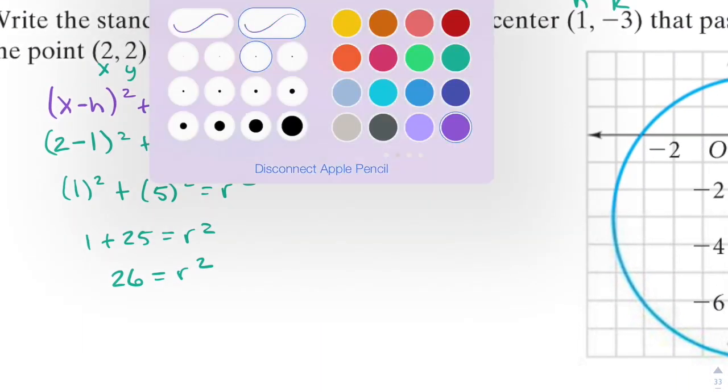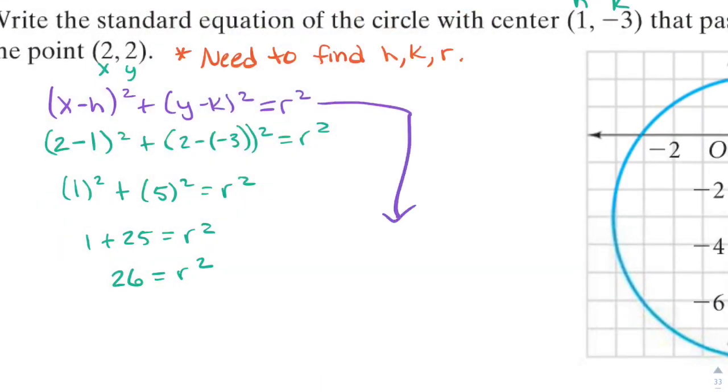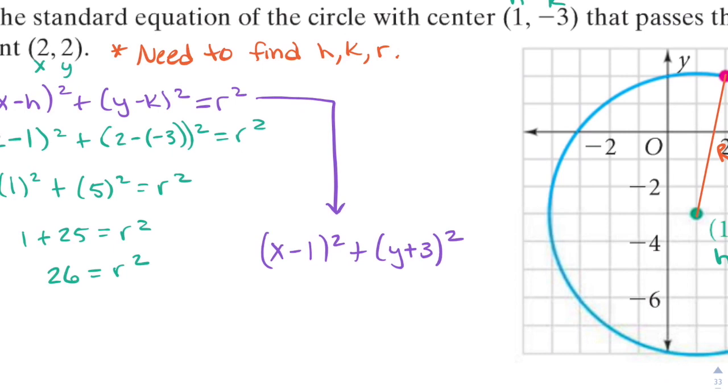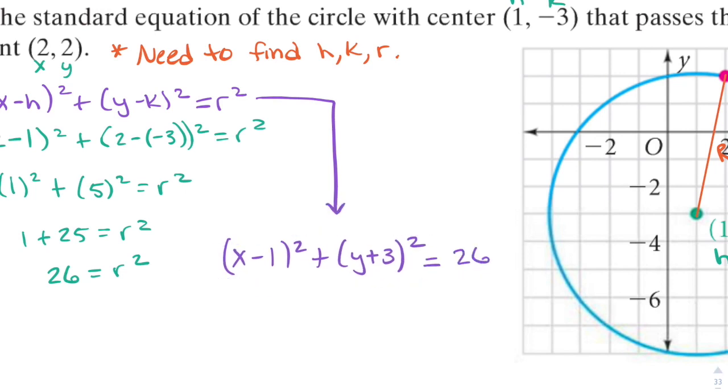So I'm going to fill in the pieces I need. X minus h, so x minus 1 squared plus y plus 3 squared, because I'm doing the opposite of 1 and the opposite of negative 3, and equals r squared, which is 26.